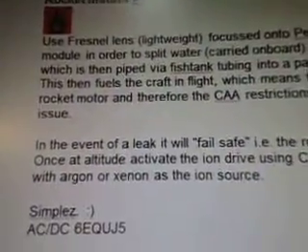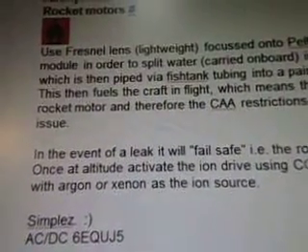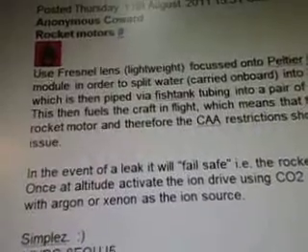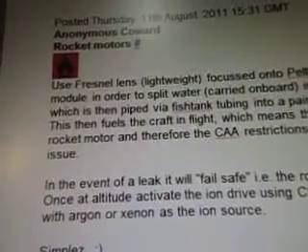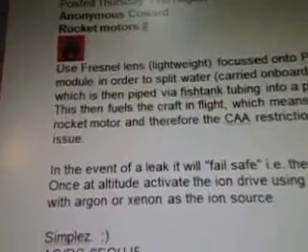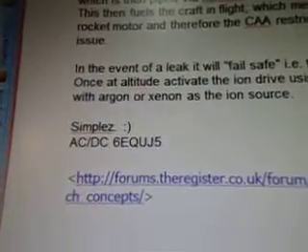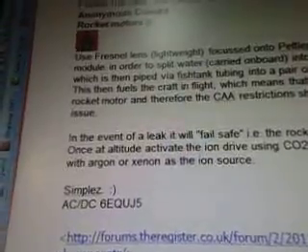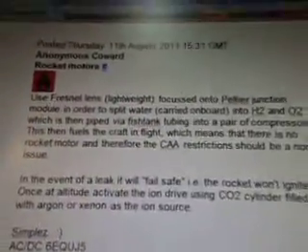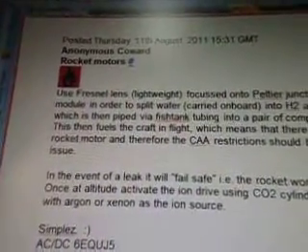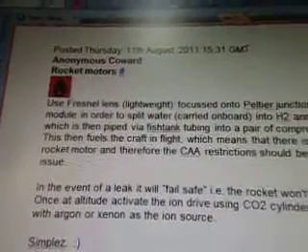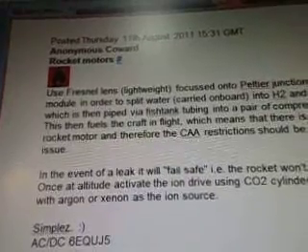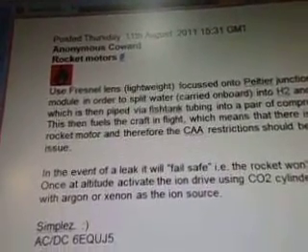So, Thursday, August 11, 2011, Anonymous Coward was blogging on a forum, and his thing is about rocket motors, and his thing came up with the keyword, so I grabbed it. So it's use a Fresnel lens, lightweight, focused onto a Peltier junction module in order to split water carried on board into H2 and O2, which is then piped via fish tank tubing into a pair of compressors.